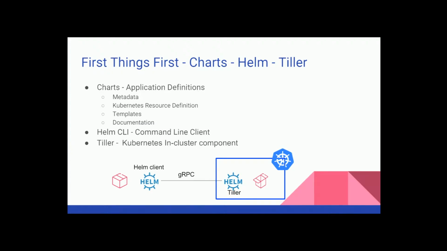Then we have a client CLI, the Helm client, as a command line tool, and a server-side component, Tiller, that's deployed in Kubernetes. Tiller is the component that has the templating engine and will extract the data from the deployment descriptors.